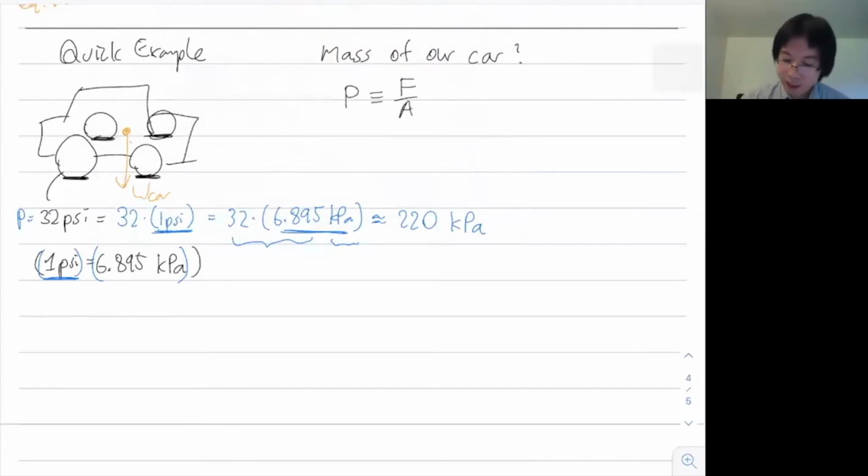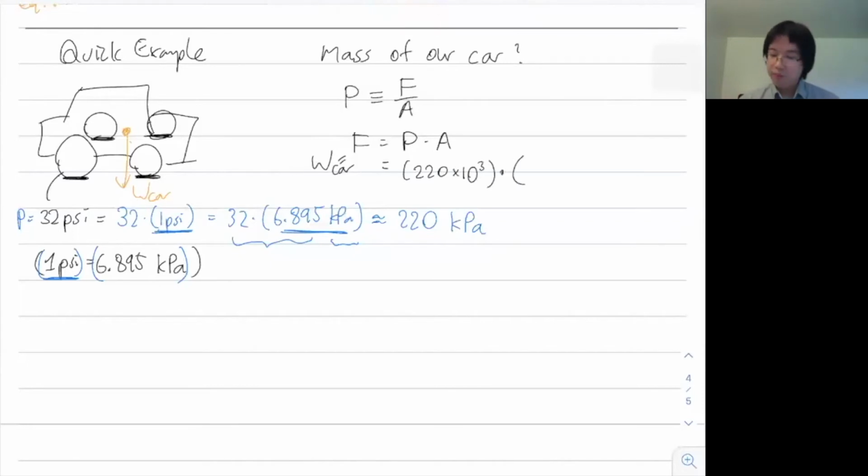So our force is the weight of the car, and the pressure between the wheel and the ground acts over the contact area. Each of the tires has the same pressure, 220 kilopascals. So kilo, let me write 10 to the power 3. That translates it to SI units because I get rid of the kilo. Now it's pascals, the base unit, and I don't need to write the pascals.